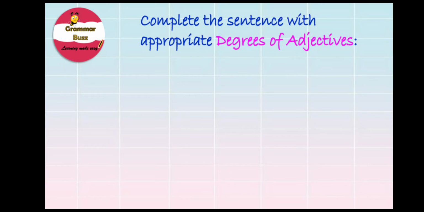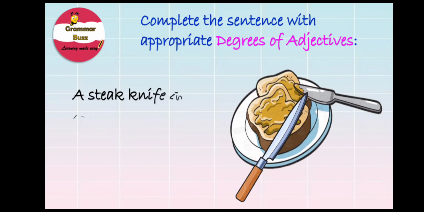Let us start with some activity, and this is how the activity works. I'll be showing you a sentence with a given adjective in the bracket, and you have to form the correct degree of adjective keeping in mind the rule that we have just discussed, and use it to complete the sentence. So here comes the first one for you.